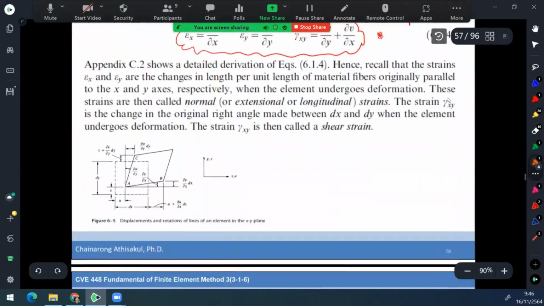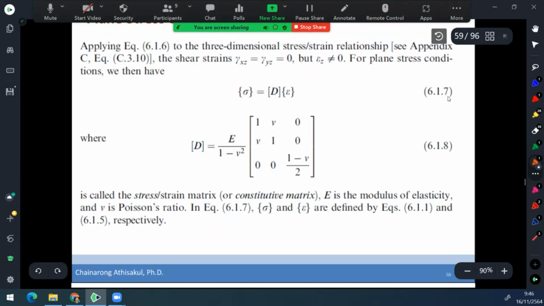The plane stress equation is that sigma, which is sigma x, sigma y and tau xy, is related to D, the matrix D that is defined by this, multiplied with epsilon x, epsilon y, and gamma xy.